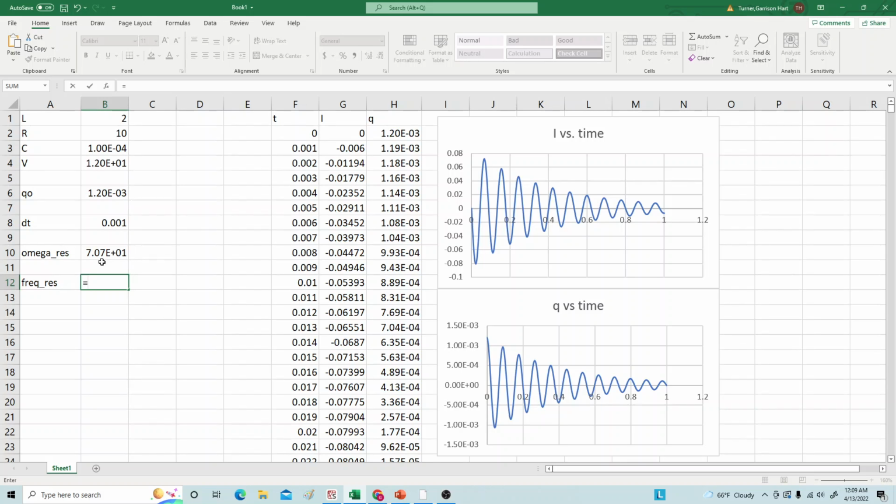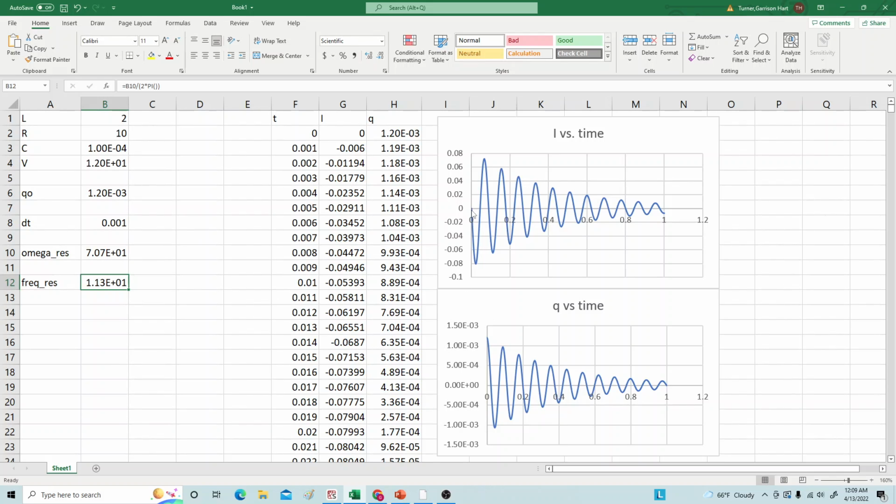And so when I divide that by 2 pi, I get 11.3. So what this is saying is in 1 second I should have about 11 cycles of the oscillations, and let's see if that's true.